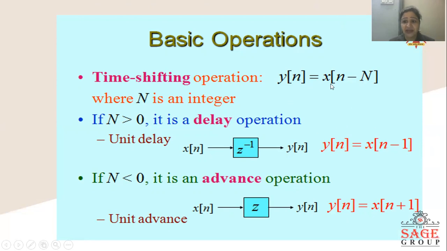That means y at 0 will have the same value that the signal x has at n equal to 1. So y n is advanced by 1 unit with respect to signal x n. So x n, when given to this advance unit, which is represented by a block with z, gives y n. So y n will be written as x n plus 1.